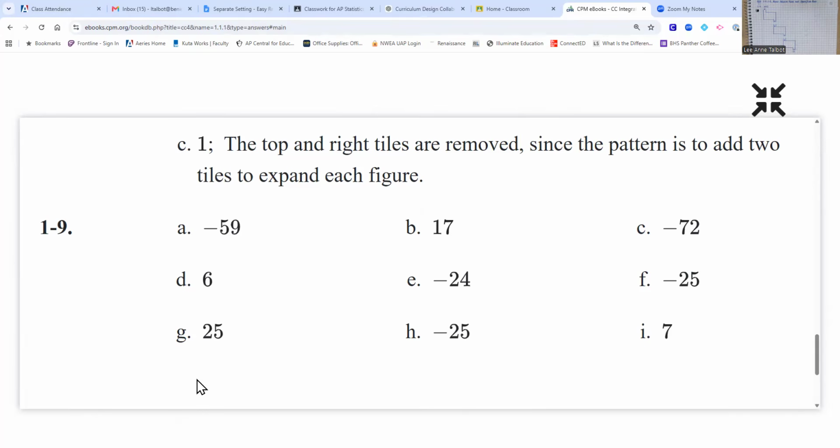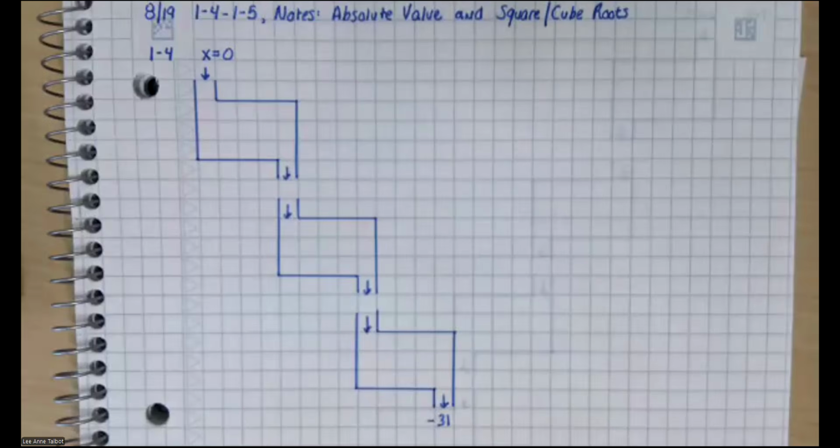Did it make sense? Yeah. So I just want to touch on that real quick.